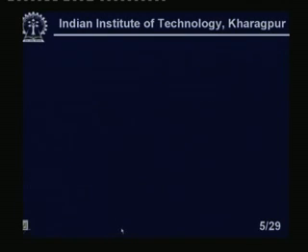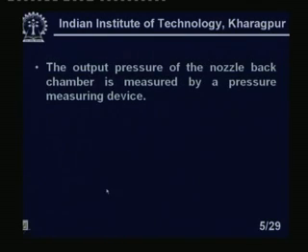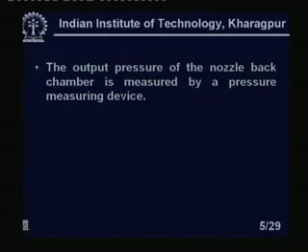PO is the output pressure at temperature T0, obviously. The output pressure of the nozzle back chamber is measured by a pressure measuring device. There are so many gauges we have studied so far, such as bellows gauges, Bourdon gauges or diaphragm gauges, and that pressure can be calibrated in terms of displacement of the flapper, right?